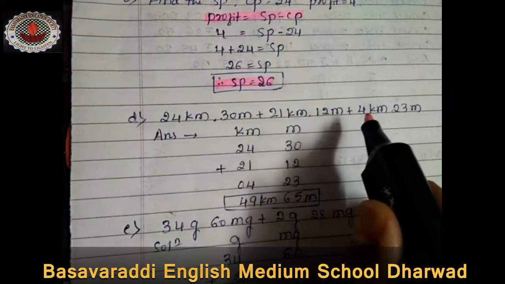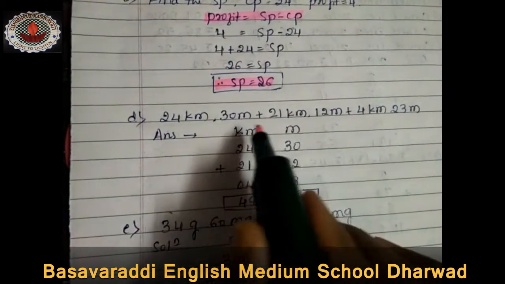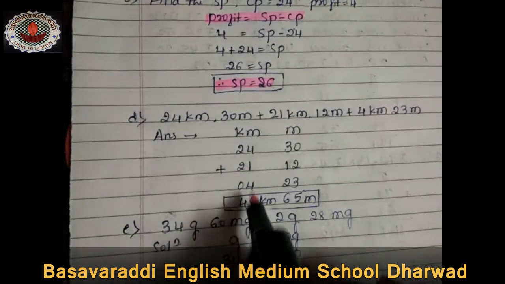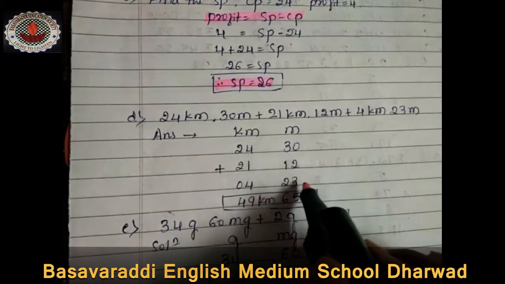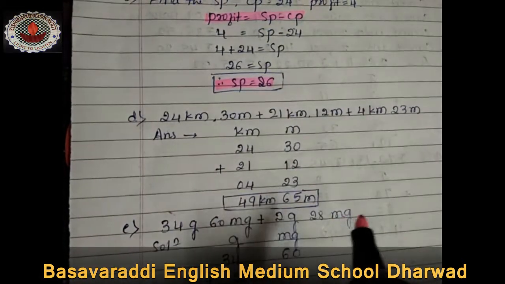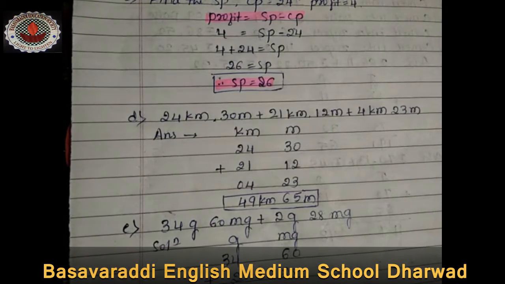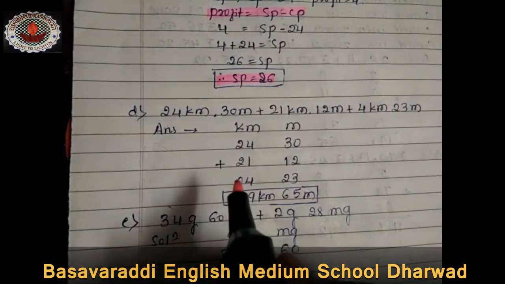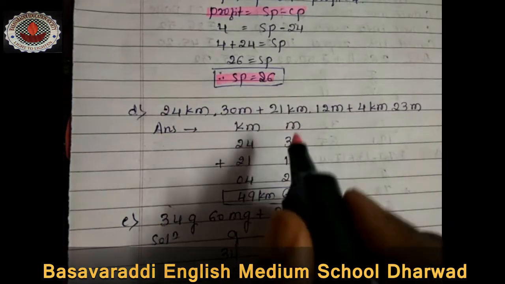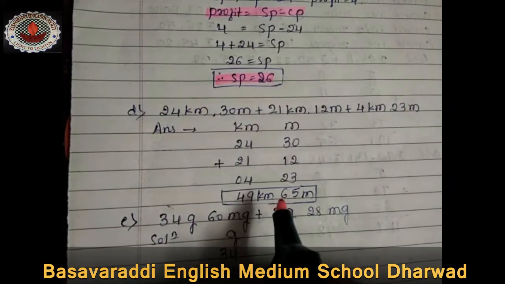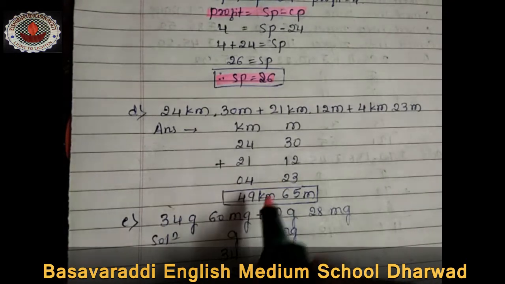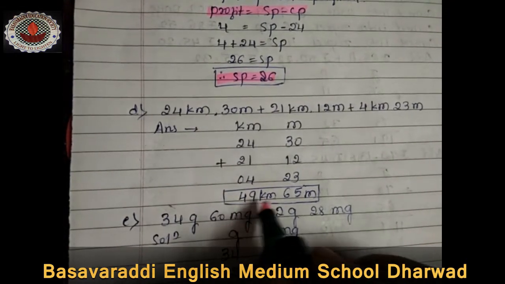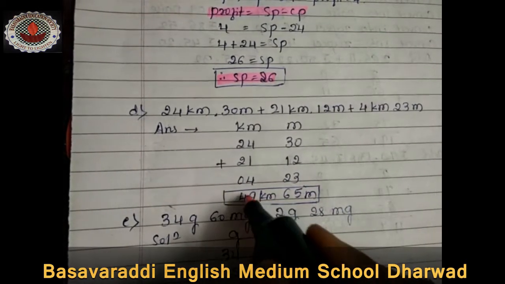So we have to make two columns, one for the kilometer and one for the meter. Write the respective values in the columns: 24, 30, 21, 12, 4, 23. Add all the addends, so we get 49 kilometer 65 meter.